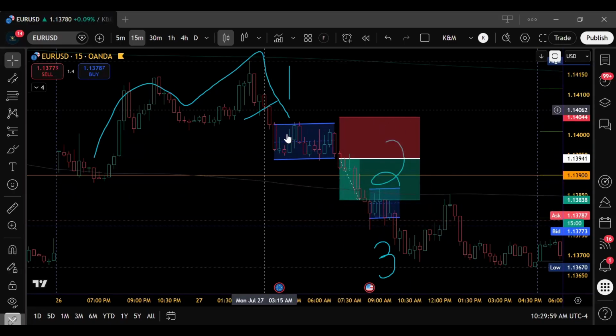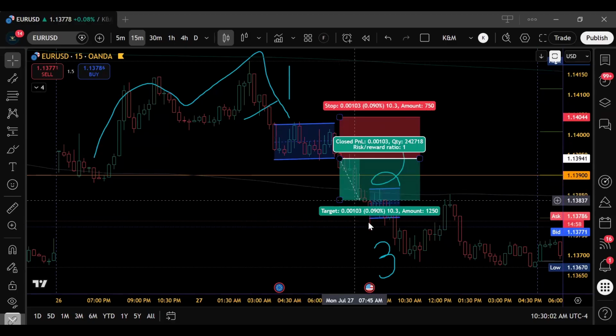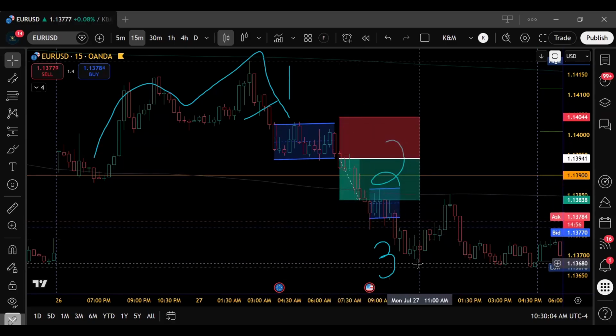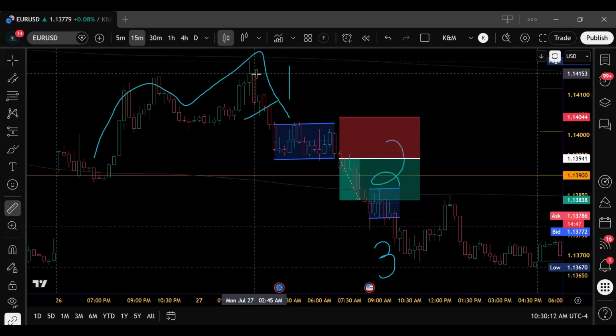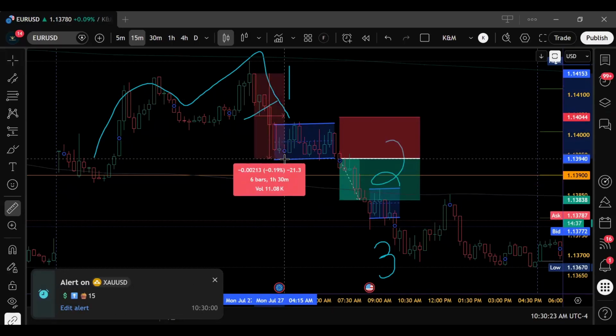Well, we know this is level 1 consolidation, so we know there's going to be a level 2 and then a level 3. What we can do our best to anticipate how big the move is, we can measure from the peak of the first level to the bottom of this level, and that alone gave us 20 pips.